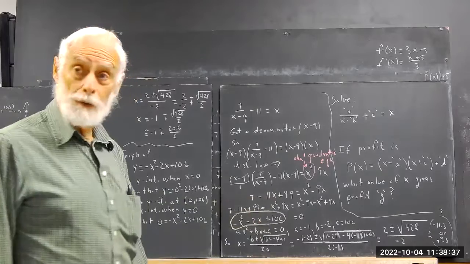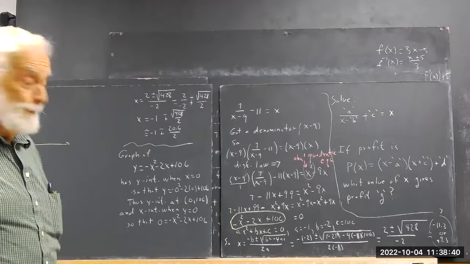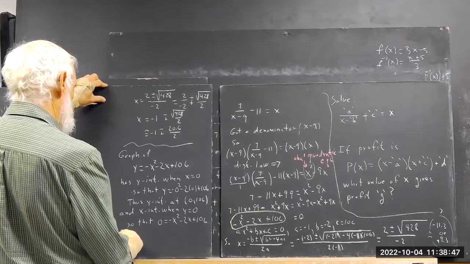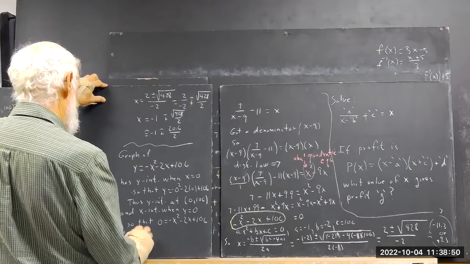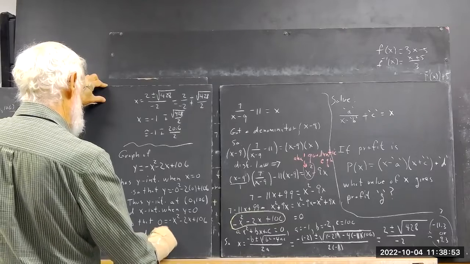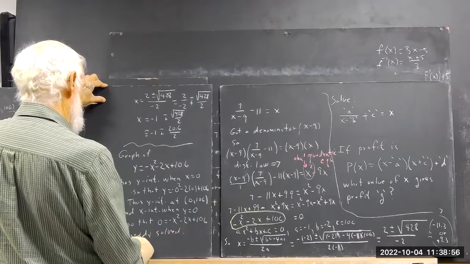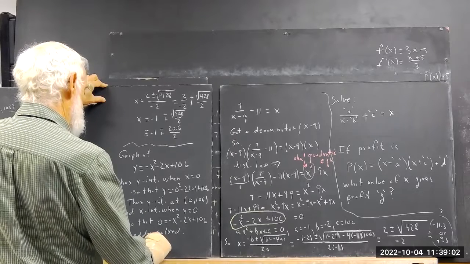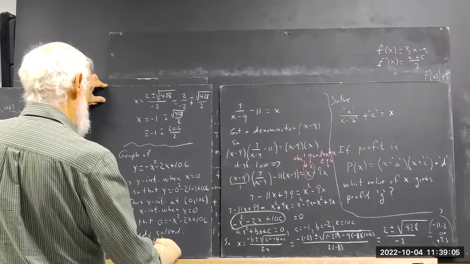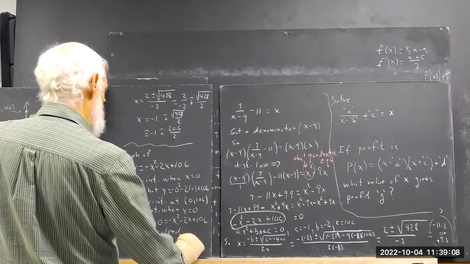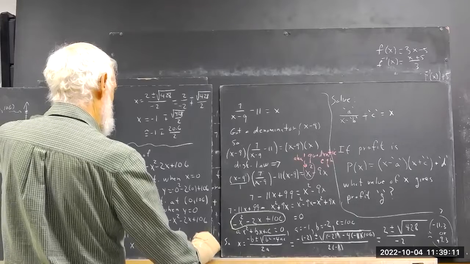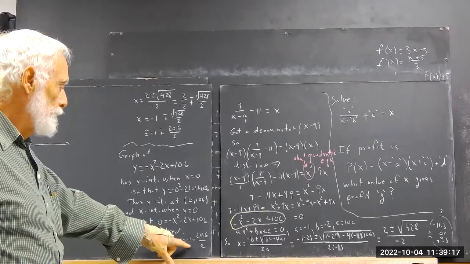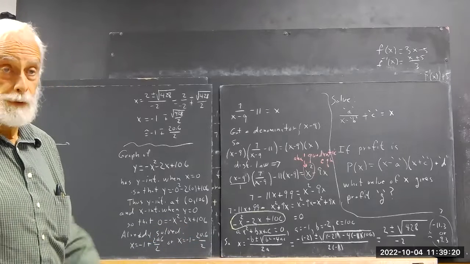Well, we already solved it. X is -1 plus 20.6 over 2, or X equals -1 minus 20.6 over 2.